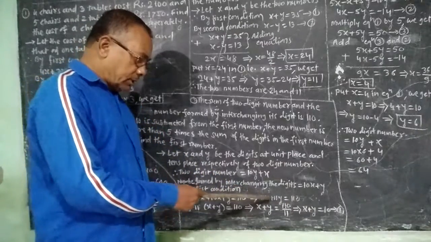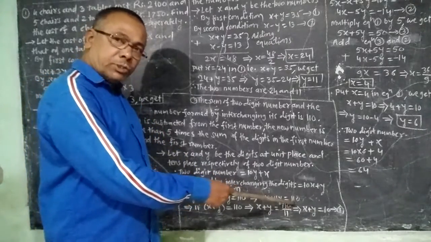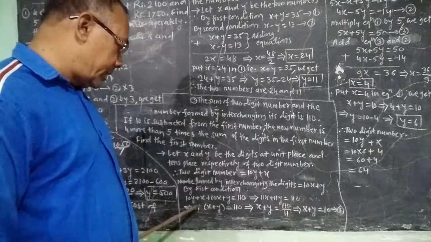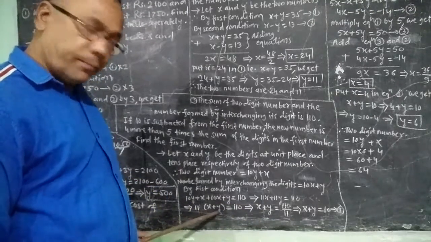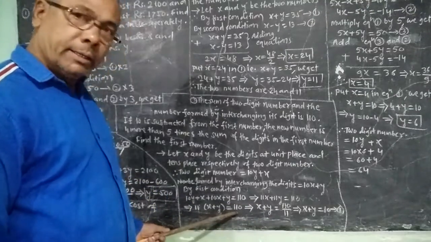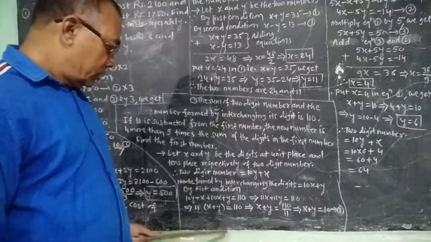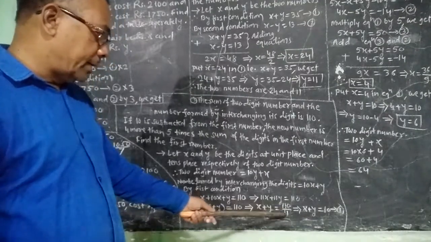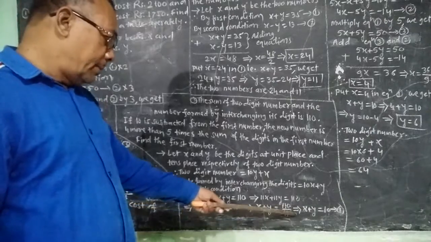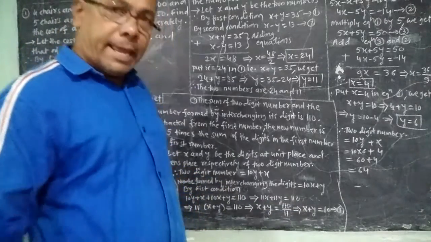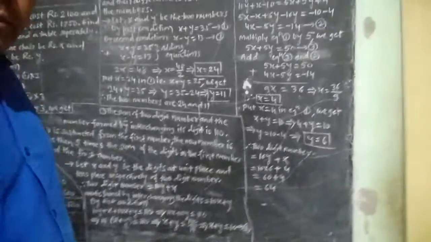So 11x plus 11y is equal to 110. Taking 11 as common, we get 11 into bracket x plus y equal to 110. Here 11 is multiplying the bracket, so it will divide. So x plus y is equal to 110 upon 11, which implies x plus y is equal to 10, and that is our equation number 1.